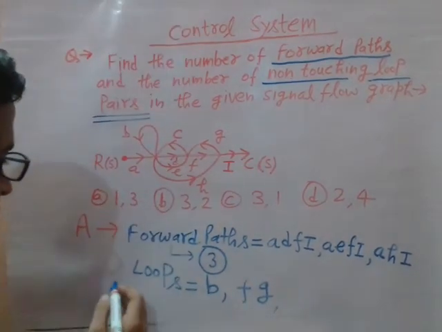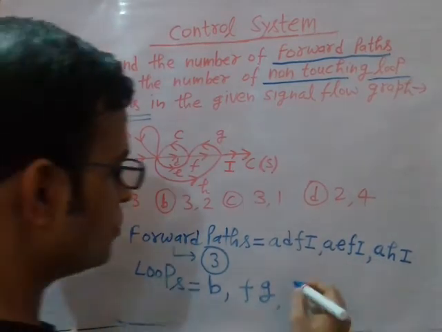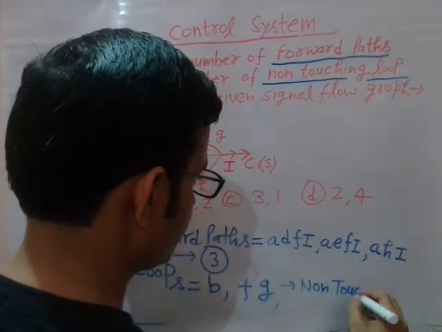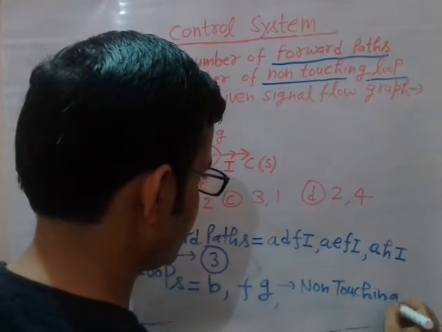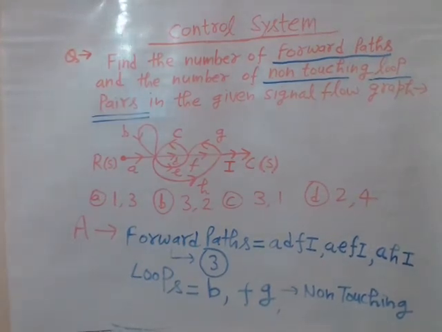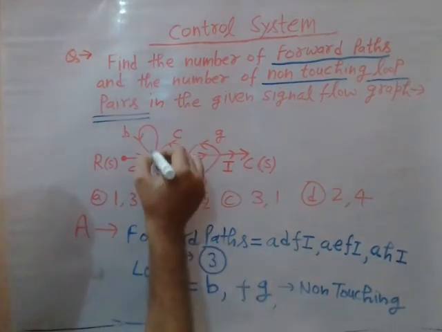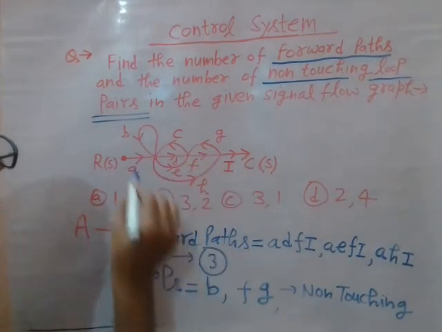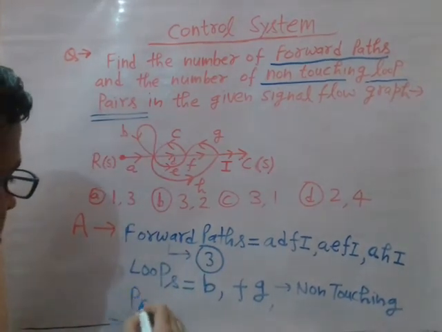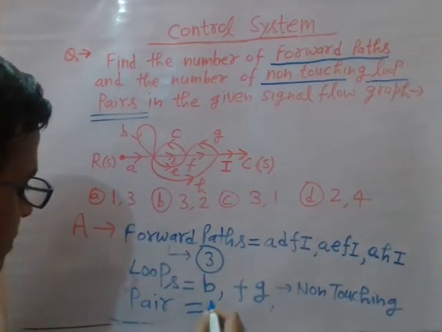So these two loops are non-touching. How many loop pairs are non-touching? Answer is one pair, B and FG. B and FG are such non-touching loop pairs. You have to find pairs, so how many pairs? Only one pair.